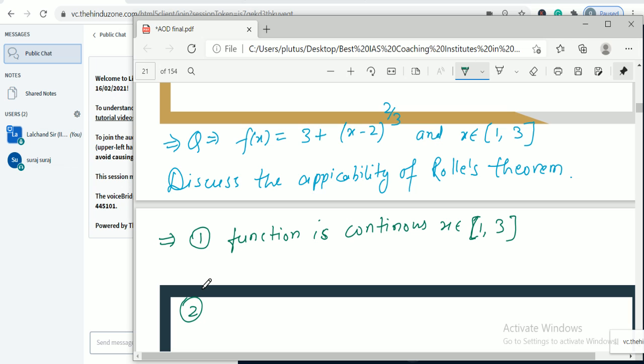What about differentiability? Is this function differentiable everywhere? Where do we need to check? At x equal to 2. What is the problem at x equal to 2? The function is not differentiable at x equal to 2.